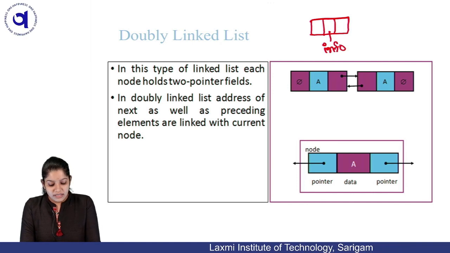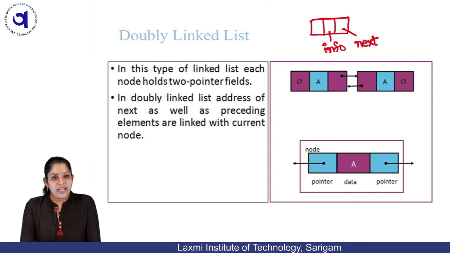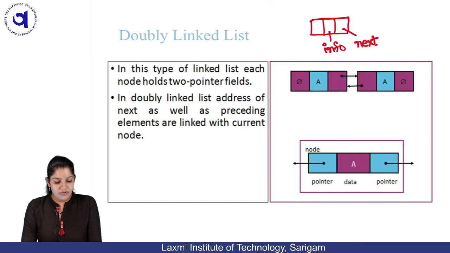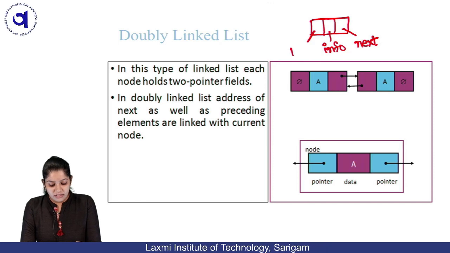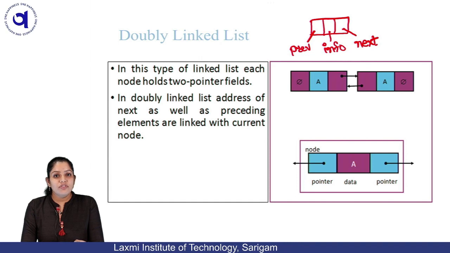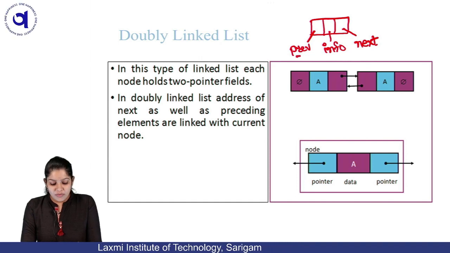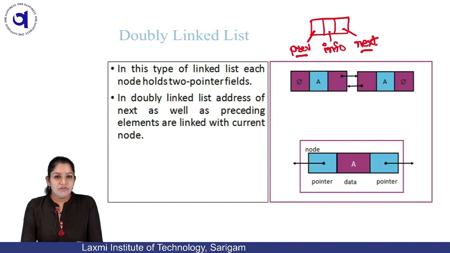Then this part is the next part, which stores the address of the next node. And here we have the previous part, which stores the address of the previous node. These are pointer variables, and you can take any names, like next pointer and previous pointer. Here I am calling them next and previous.